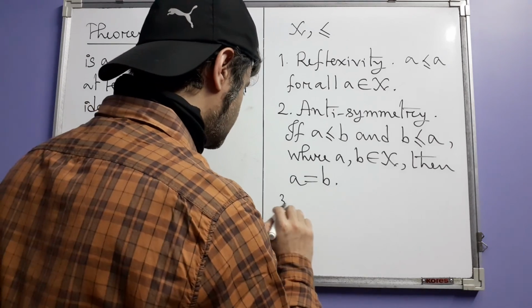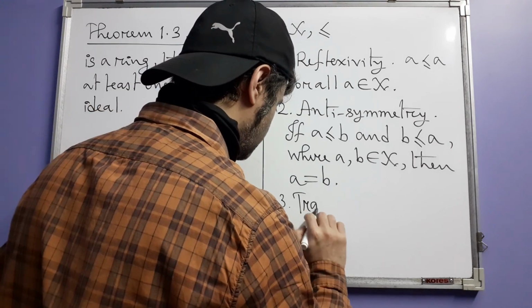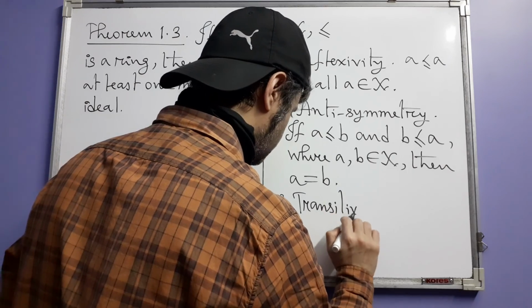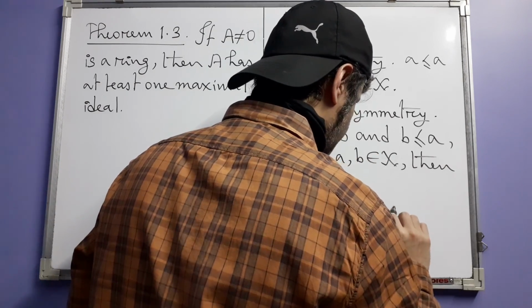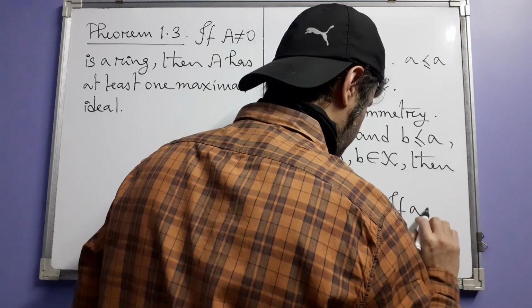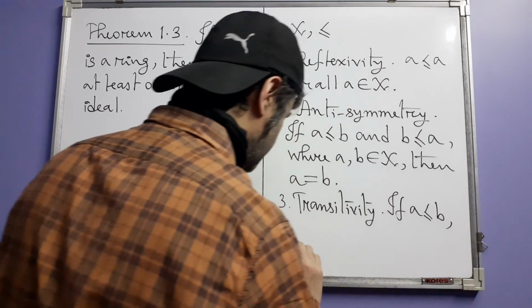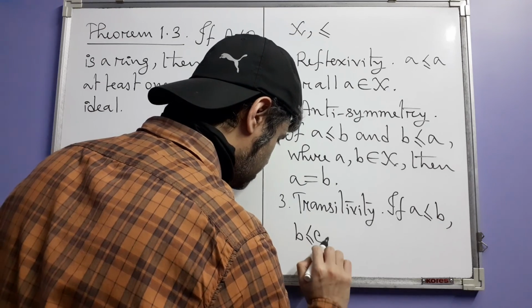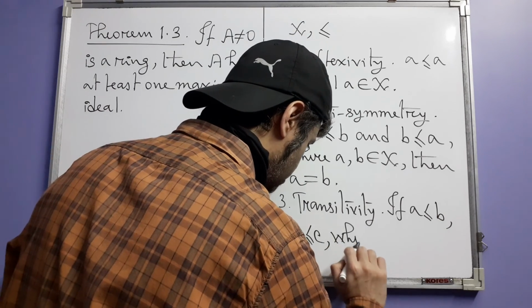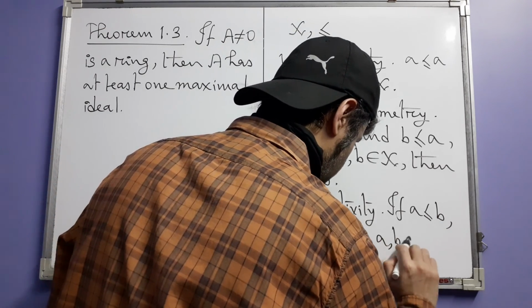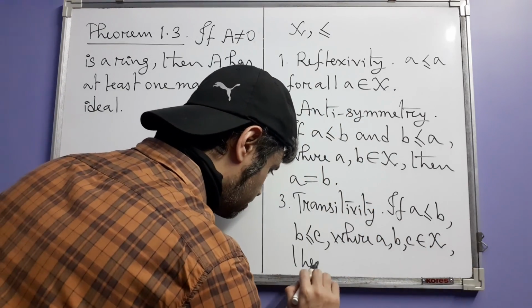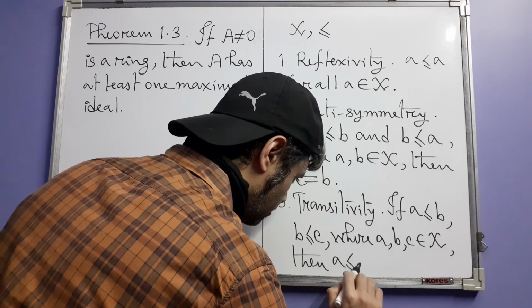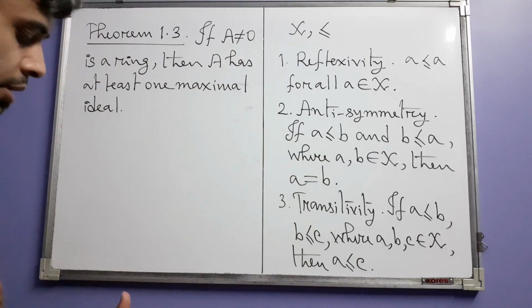And the third one is transitivity. If A is related to B and B is related to C, then A is related to C.